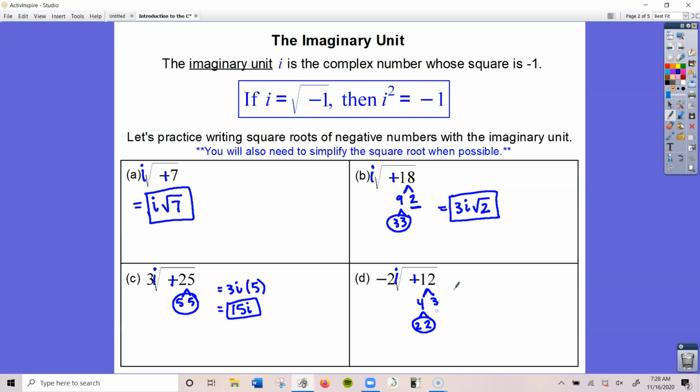So this is what I have. We have the -2i that's on the outside, the 2 that I'm bringing out, and then the square root of 3, since the 3 has to stay inside of the square root. Then I can just multiply this -2i with the 2, which gives me -4i square root 3.